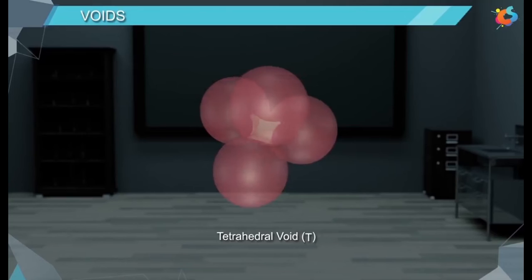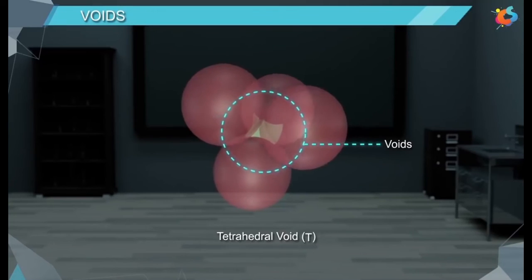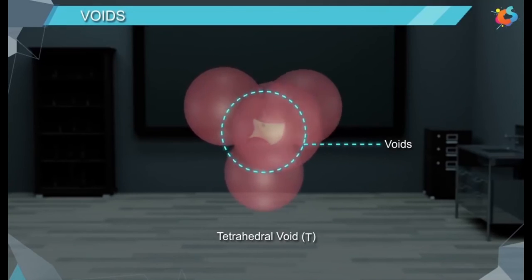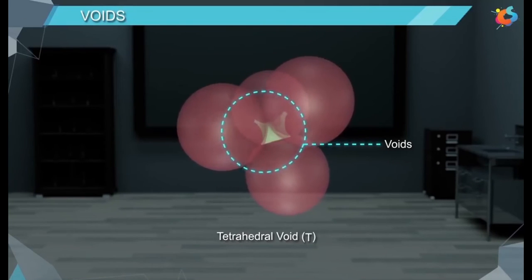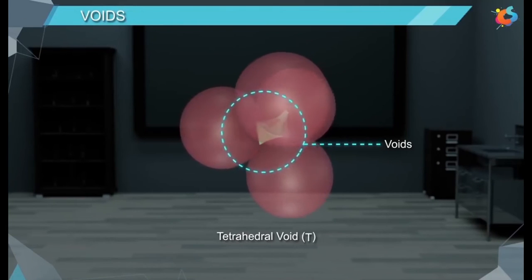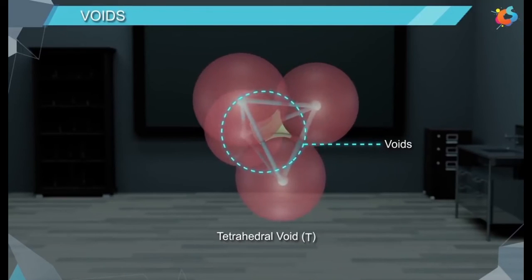At such places, a type of void is formed. This type of void is known as tetrahedral void, T, since a tetrahedron is formed by joining the centers of the four surrounding spheres.